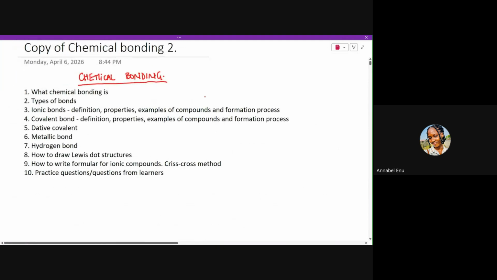We can liken bonding to a man and a woman, or someone that has something and you that do not have enough. When the two of you come together, you that don't know, you are benefiting from the other person. Let's say, for example, in your class, let's say Melody knows this topic, chemical bonding, and we have another person, let's say Winner.